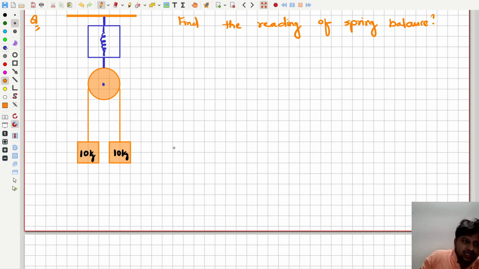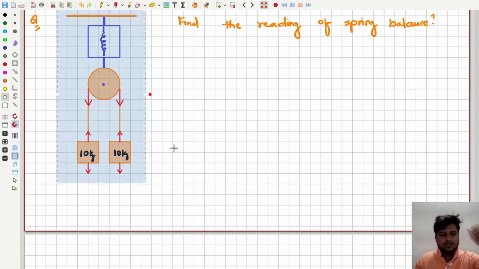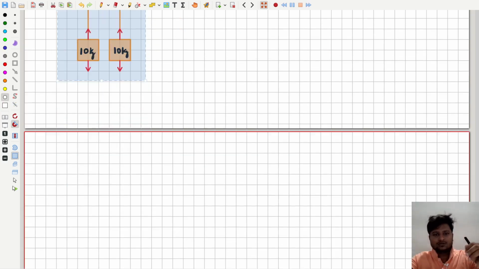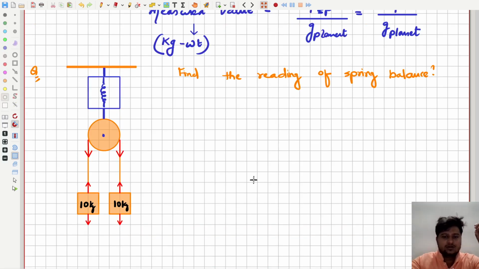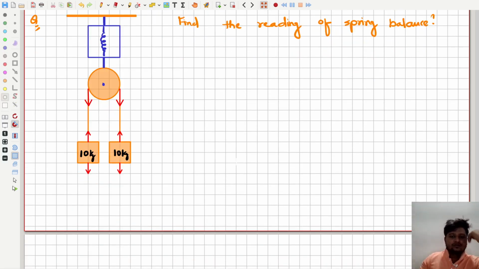See, this means how to find it. Look over here. First, its weight 10g, 10g, tension T, tension T. Let me have one more diagram; Control C and over here Control V. Now look over here.